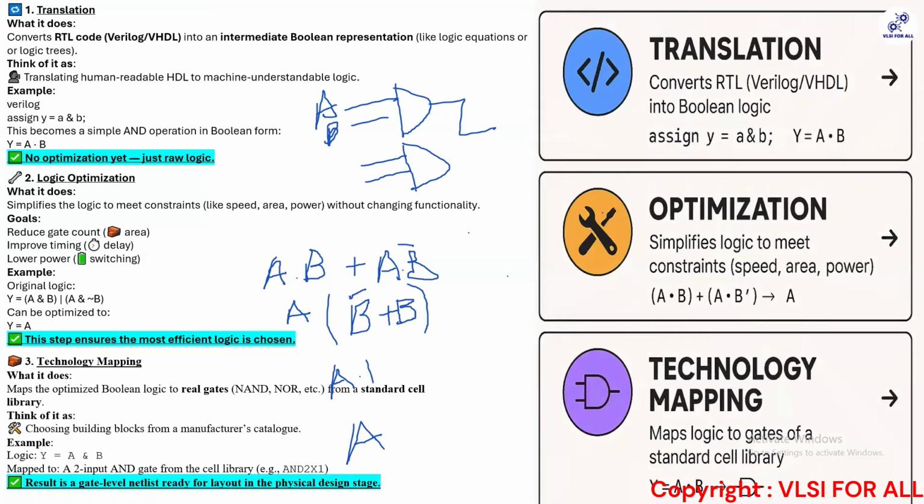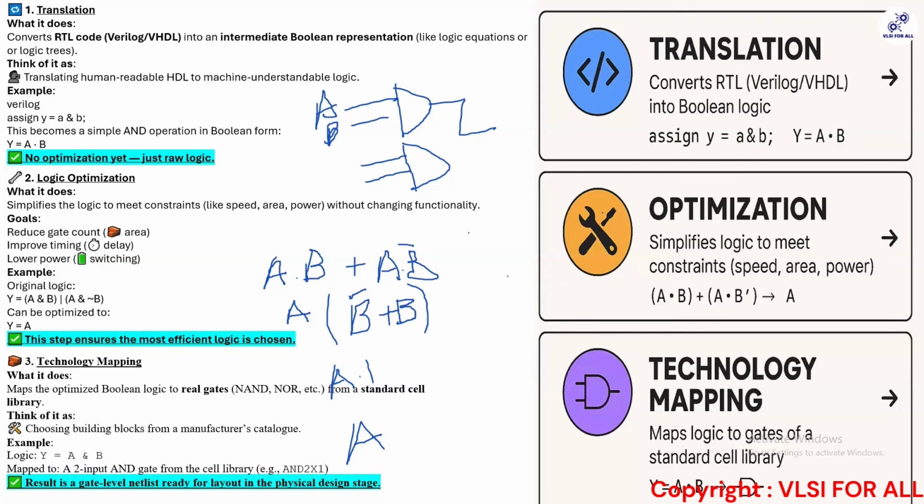In translation, you convert whatever higher level language is written in Verilog or VHDL into very simplified Boolean logic. Once this Boolean logic is available, the tool starts optimization. There are more than 5 to 6 very famous optimization techniques used by the compiler, DC compiler or FC; we'll go into that in detail.